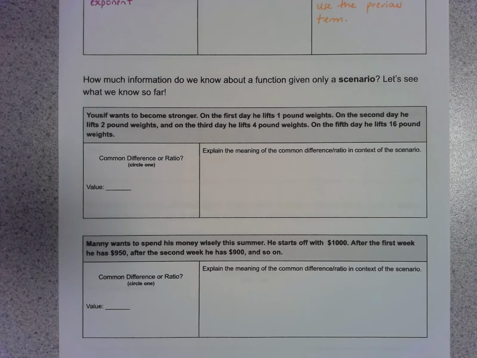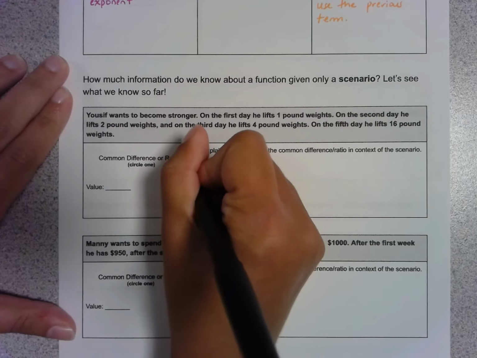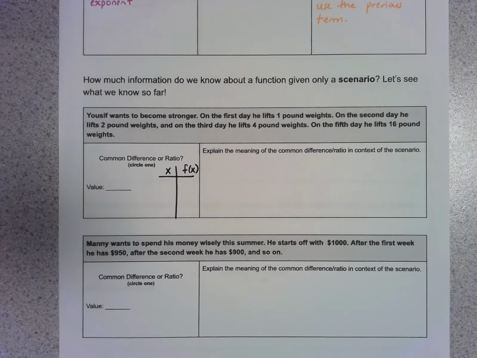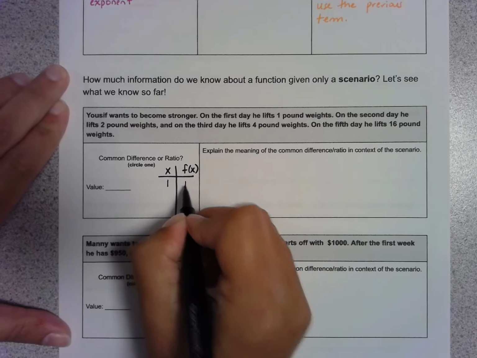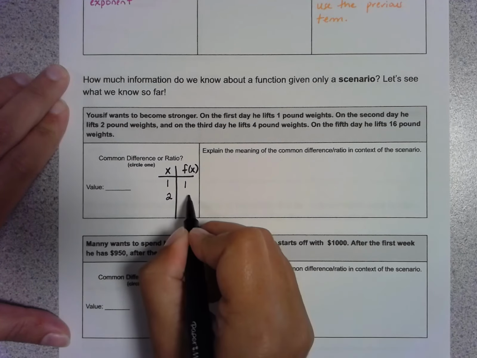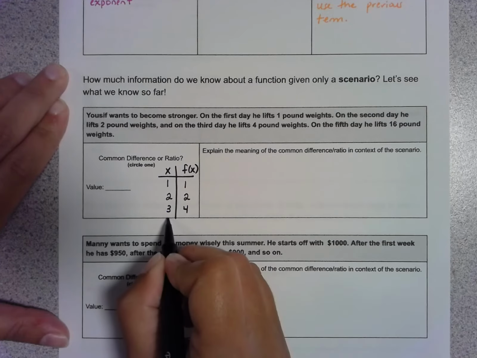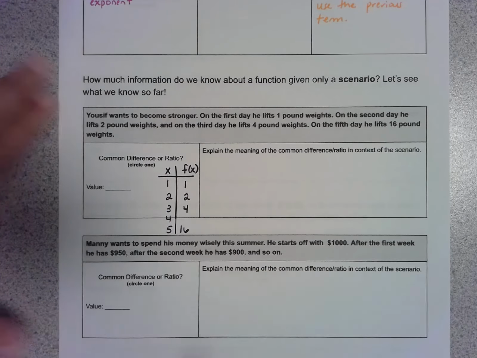Just like in our previous examples, I would highly recommend making a table of values here before you make any decisions. So I'm going to have x and I'm going to have f of x. Now it tells me in the problem that on the first day, he lifts 1 pound weights. Second day, he lifts 2 pound weights. Third day, he lifts 4 pound weights. We don't know the fourth day, but then on the fifth day, he lifts 16 pound weights.